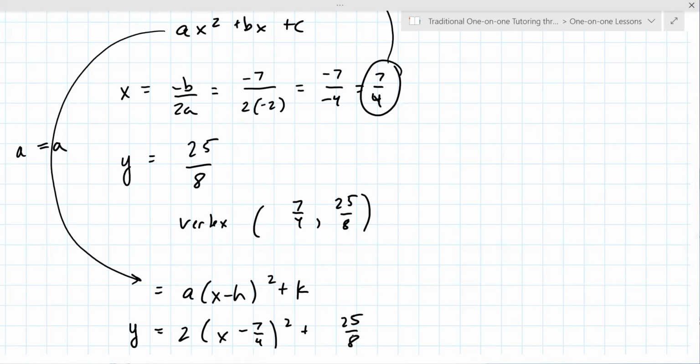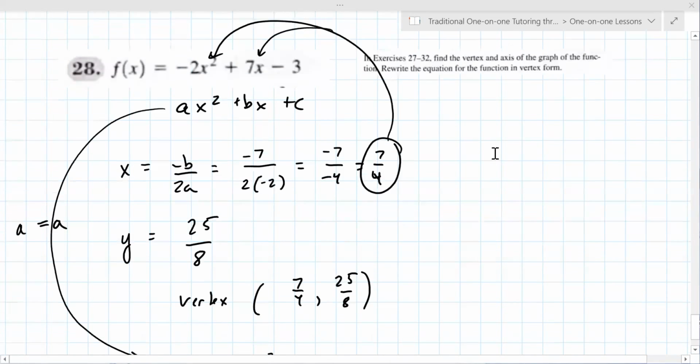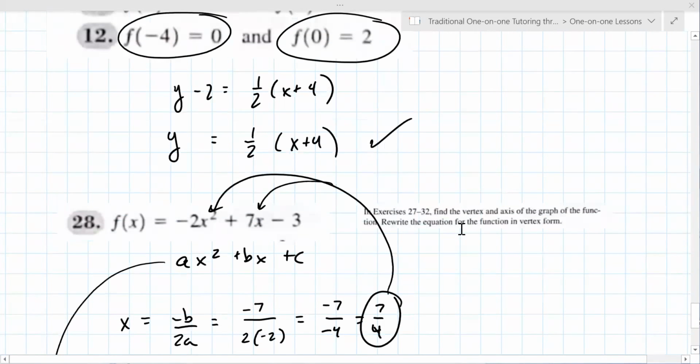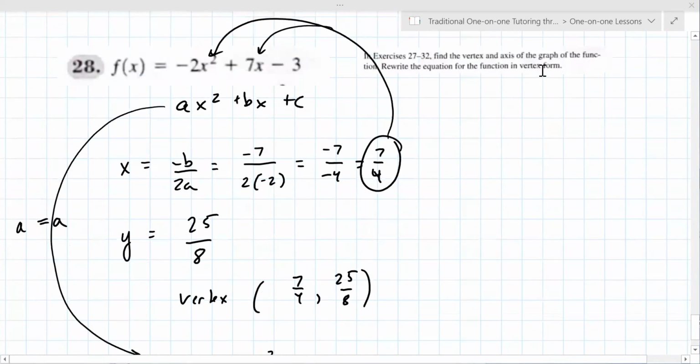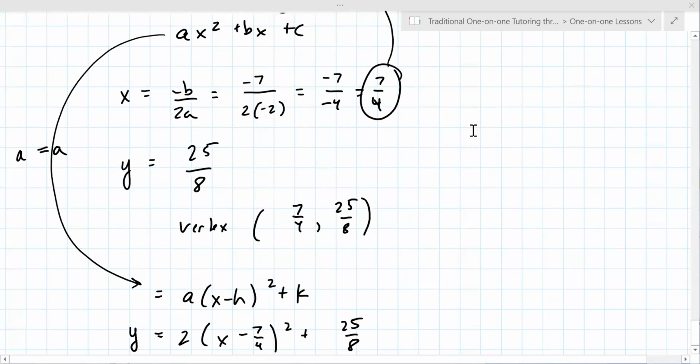Okay, yeah, I got it. This might actually be like 4x minus 7, but okay. Yeah, so that's that. What else does it want you to do here? Oh yeah, the axis of the graph. The axis is x equals h, so that's x equals 7/4. This is h and this is k.